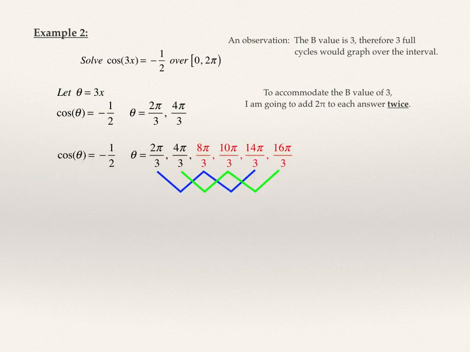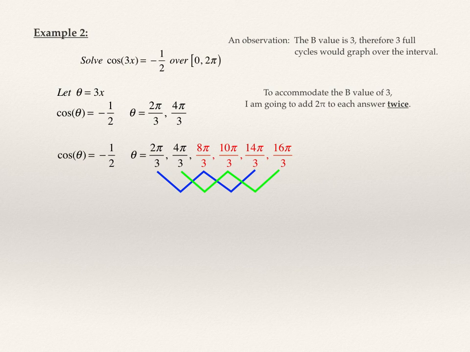So let's take a look at this. We're going to follow the blue line. One of our original answers was 2 pi over 3. I'm going to add 6 pi over 3, and I get to 8 pi over 3. Then I'm going to add another 6 pi over 3 to 8 pi over 3, and I get to 14 pi over 3.